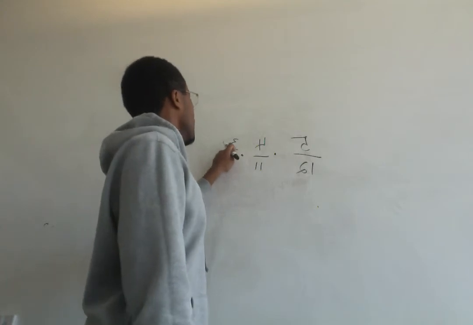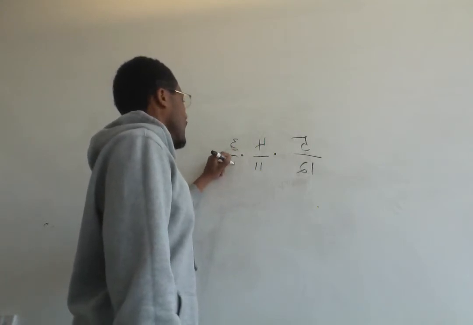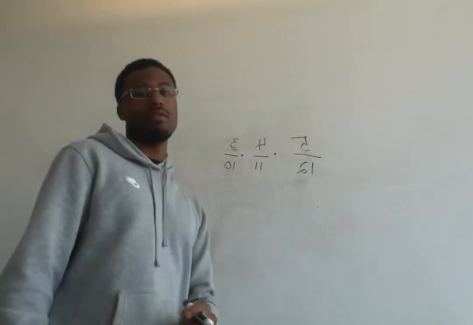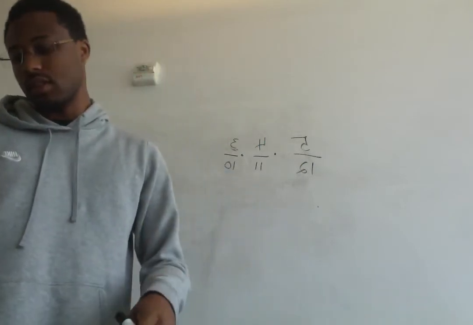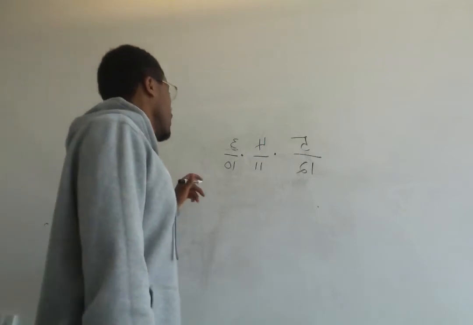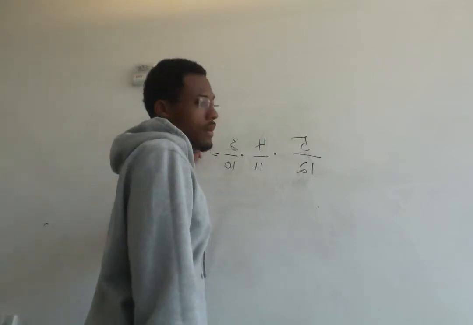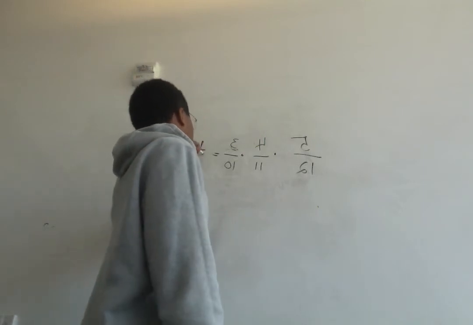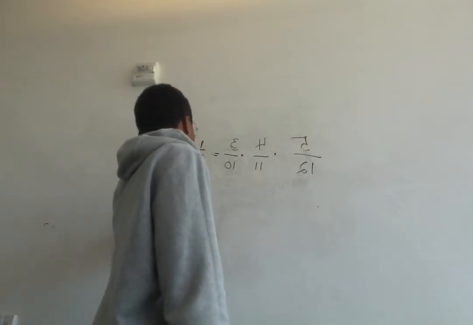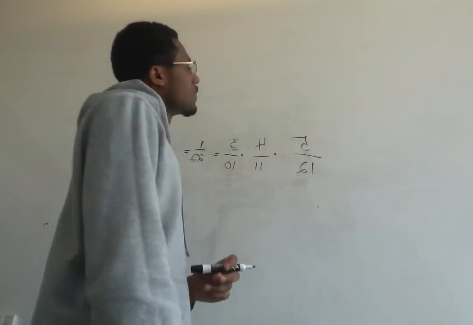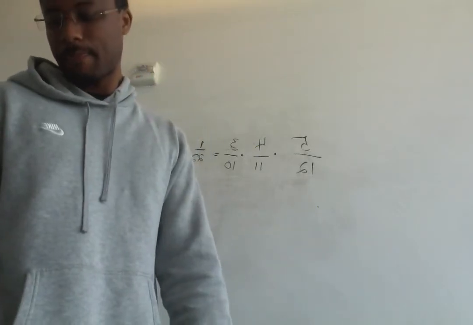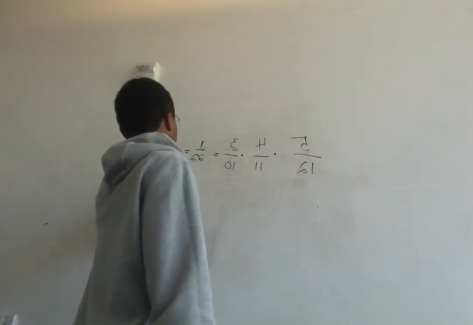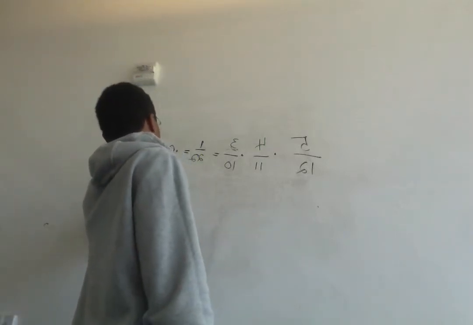3 bottles left, and there's 10 bottles, or 3 bottles of Merlot left, 10 bottles total of wine. So basically what you're going to do is just multiply all of these. So it comes out to 1 over 22, which equals 0.045.